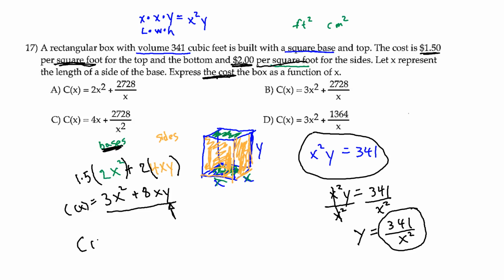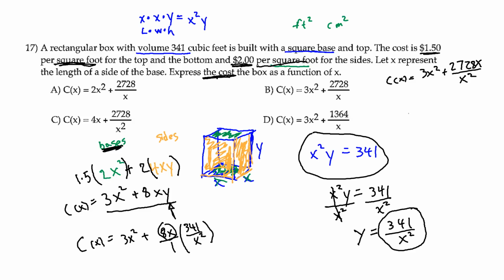So where we have y, we can replace it with 341 over x squared. So our new cost equation is going to be 3x squared plus 8x times our y value, which we know is 341 over x squared. This 8x, we could put it over 1 and do our multiplication. So it turns out when we do that, we're going to end up with 3x squared plus 2,728x over x squared, because we're going to multiply numerator with numerator and denominator with denominator.